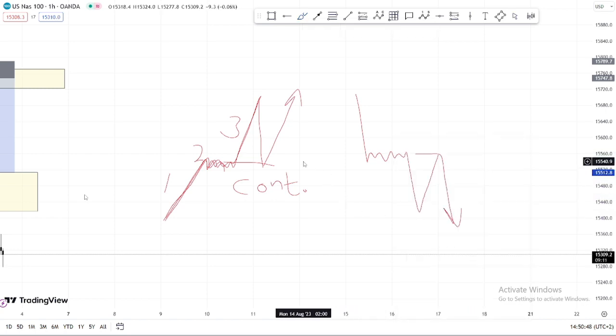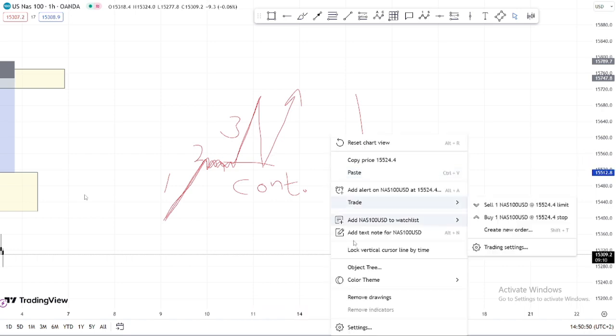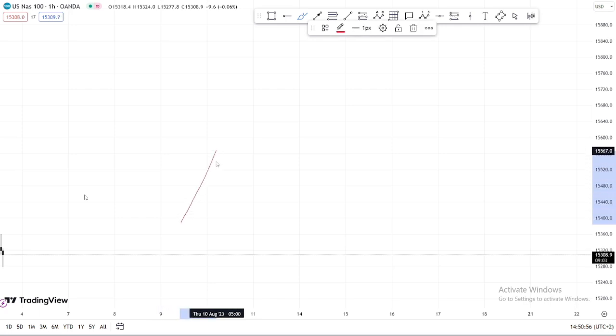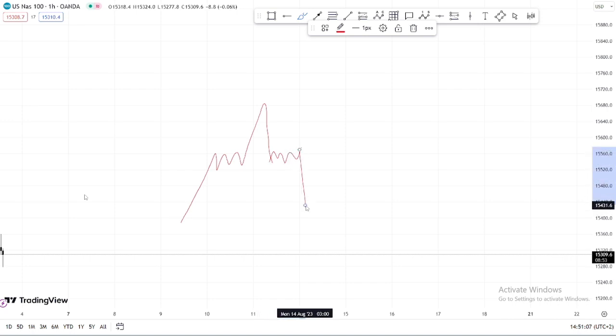I'm also going to explain the reversal pattern. For the reversal pattern, we expect to see a rally, a base, a rally. Then when the market comes back to test this area, it begins to consolidate and break this area.